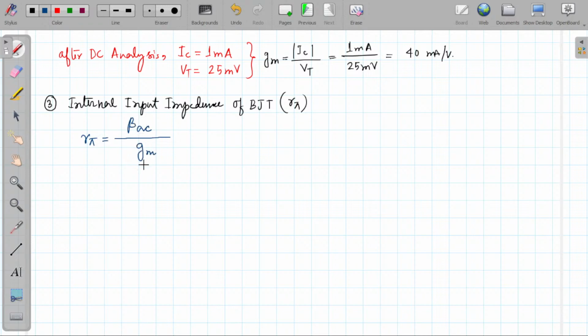So what is beta AC? Beta AC is the AC beta. We know that beta was IC by IB, so that was the DC beta. Beta AC can be found from the AC currents also. So let us take an example for finding the value of beta AC.